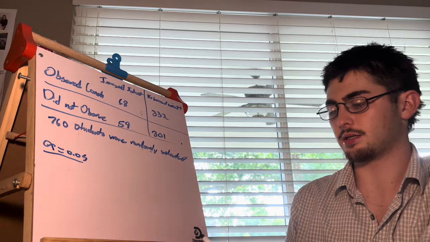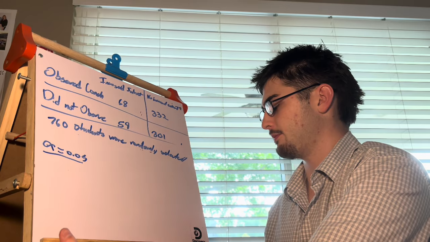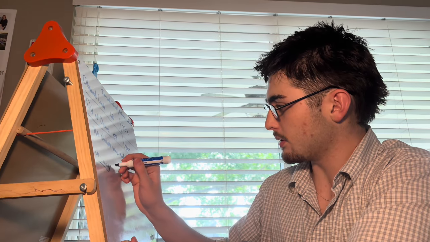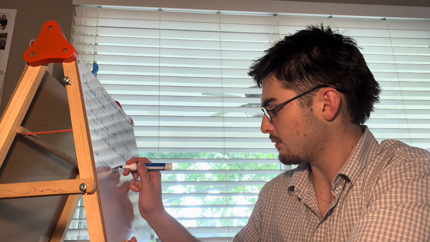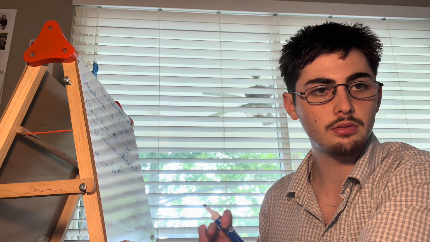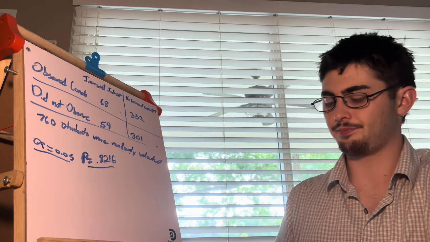So we have to go back to that. And then we also have to know our p-value. So our p-value is p equals 0.8216. These are the two pieces of information that you need.